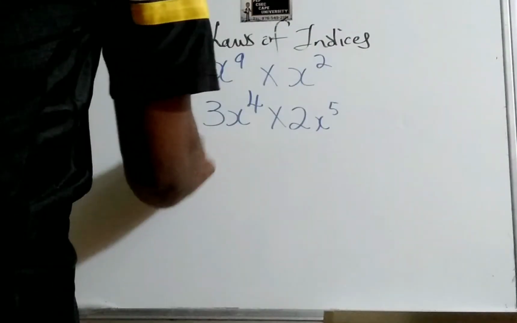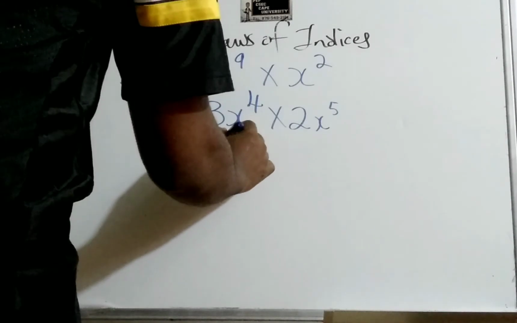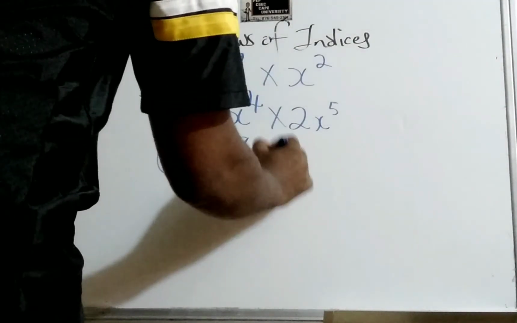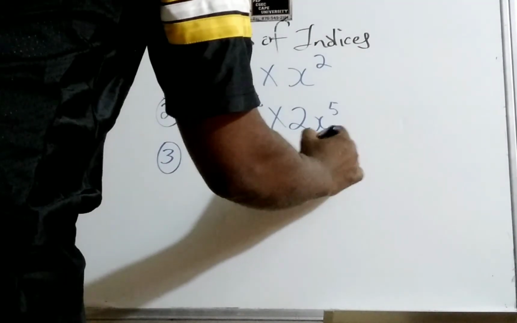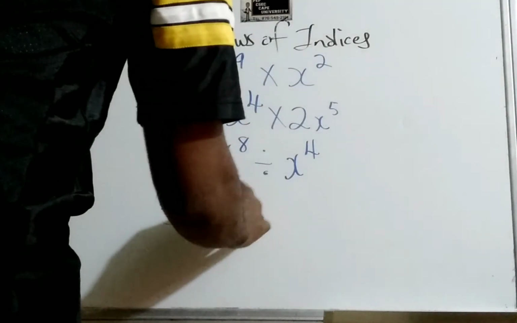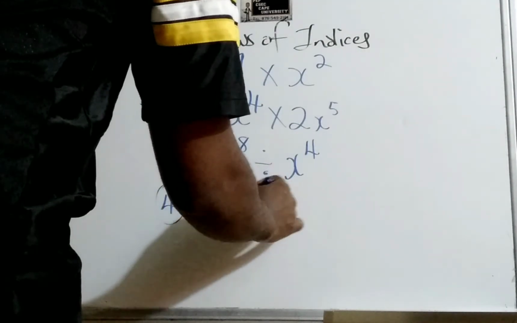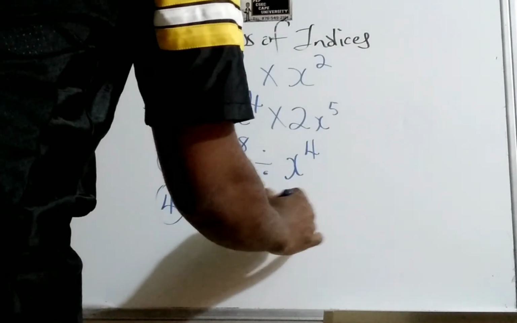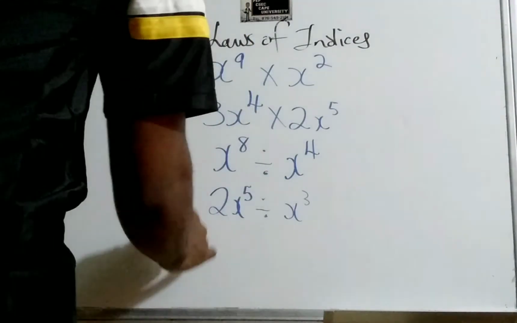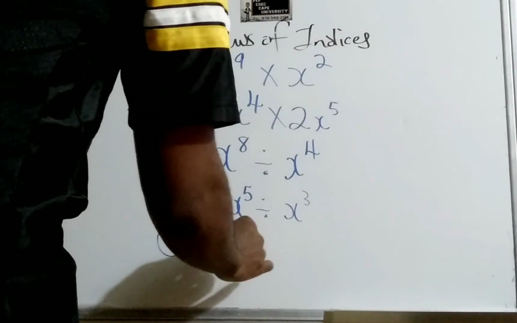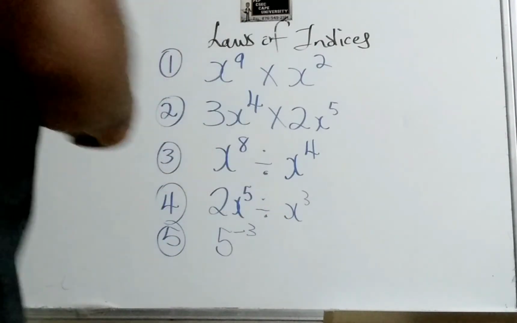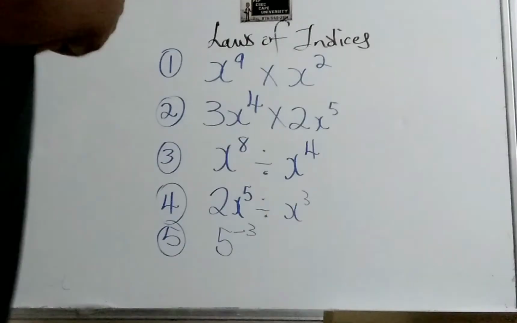And number 3, x to the 8th divided by x to the 4th. Number 4 says 2x to the 5th divided by x to the 3rd. And the final one would be 5 raised to the negative 3. Alright guys, this is your assignment.